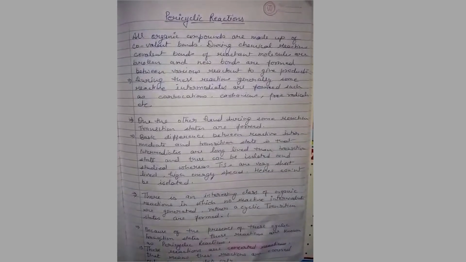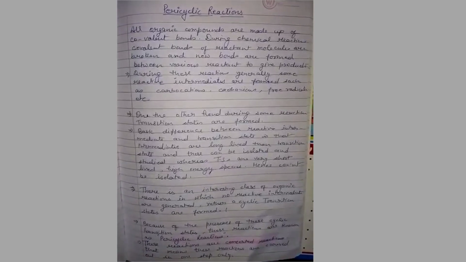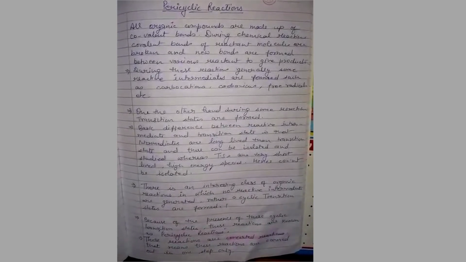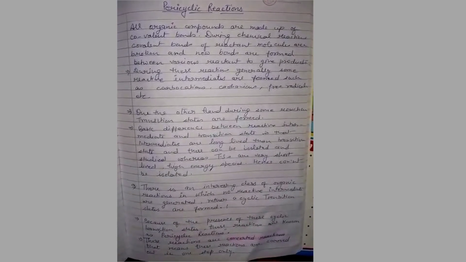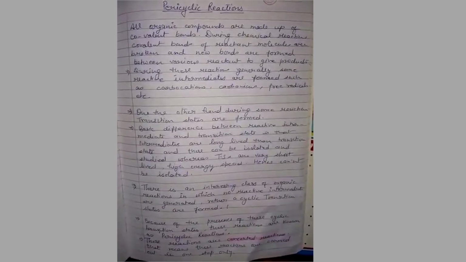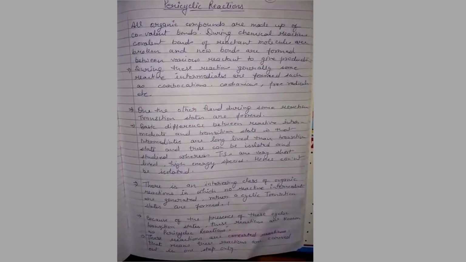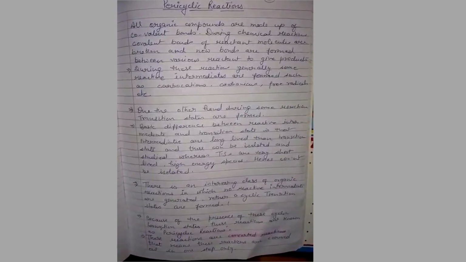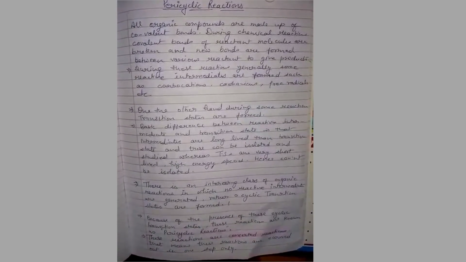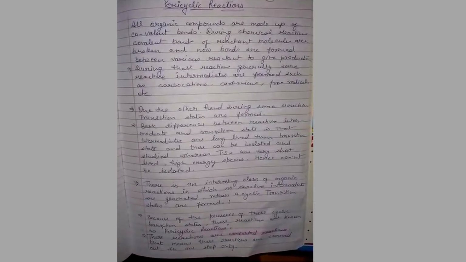Before discussing pericyclic reactions, we will first give you an introduction to various organic reactions and how they occur, though you are all very well aware of these things. All organic compounds are made up of covalent bonds, and during any chemical reaction, covalent bonds of the reactants are broken and new bonds are formed by the overlapping of orbitals of various reactant molecules.